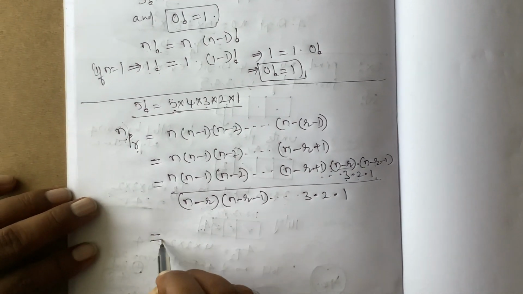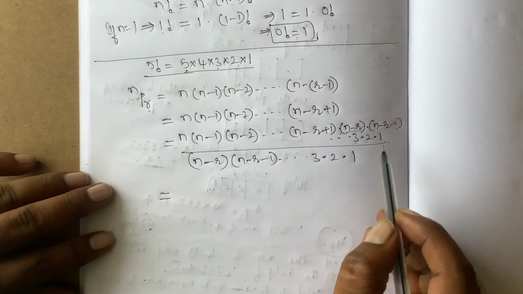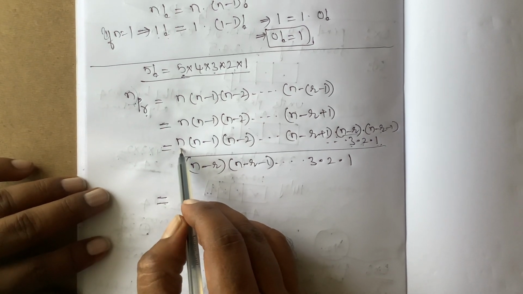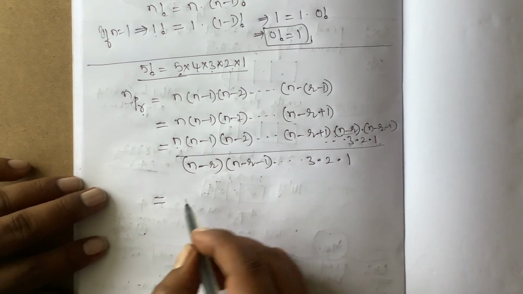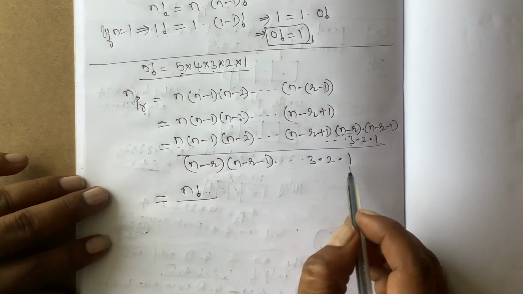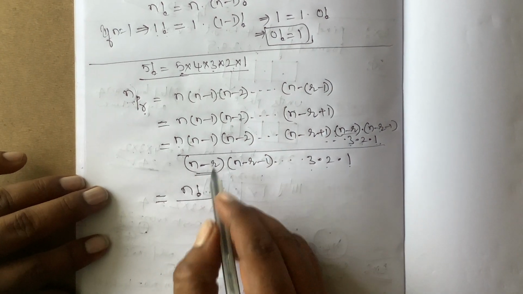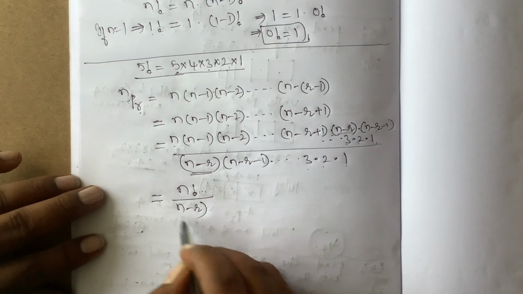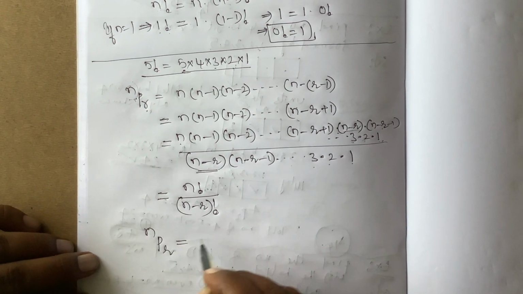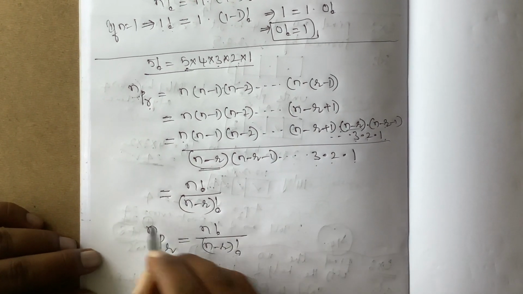Now if you observe the numerator, it is 1 into 2 into 3 and so on up to n, so I can write it as n factorial. The denominator is 1 into 2 into 3 and so on up to n minus r, so the denominator is (n minus r) factorial. So the nPr formula is n factorial by (n minus r) factorial.